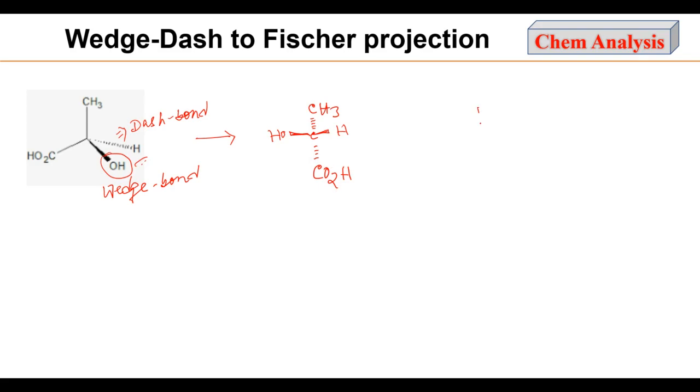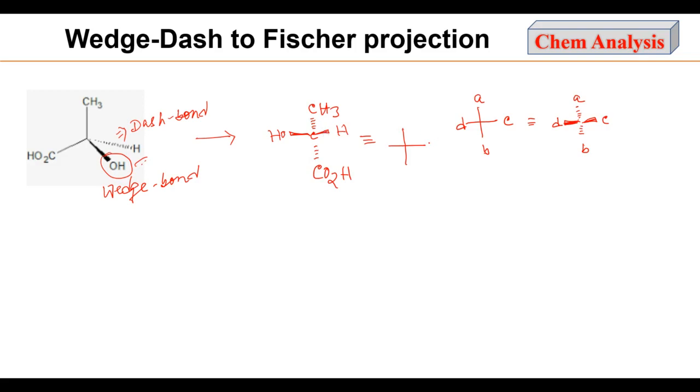Now if you are given a Fischer projection, if the four groups are like this, then in the Fischer projection the horizontal bonds are above the plane, that is this will be C, this is D, and the vertical bonds are generally below the plane, so this will be A and this will be B. Now if we draw this structure in Fischer projection, we have to just fix this molecule within a paper.